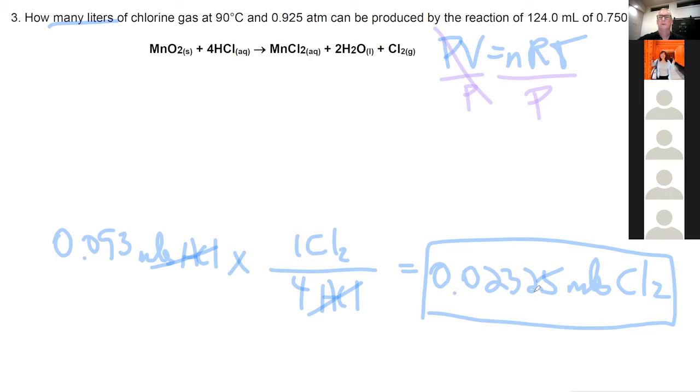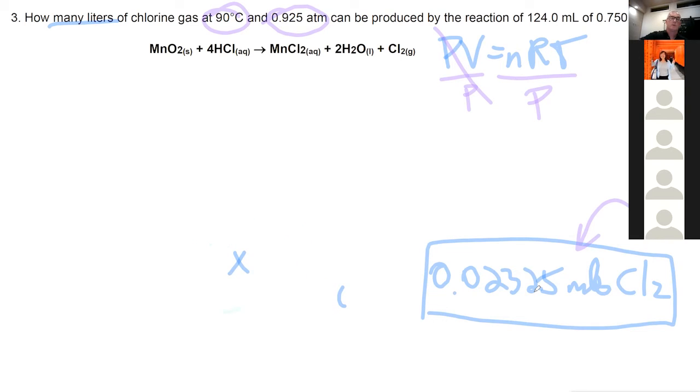The number of moles of chlorine we calculated, right. n is the number of moles. R is a constant. T is the temperature, and we know what that is. And P is the pressure. We know what that is. So basically, we have all the information we need to solve for the volume. Now we just need to plug those numbers in. We're good to go.